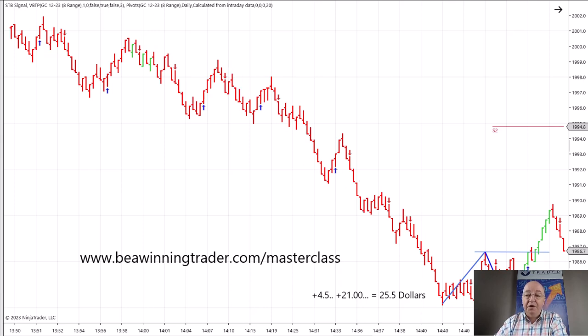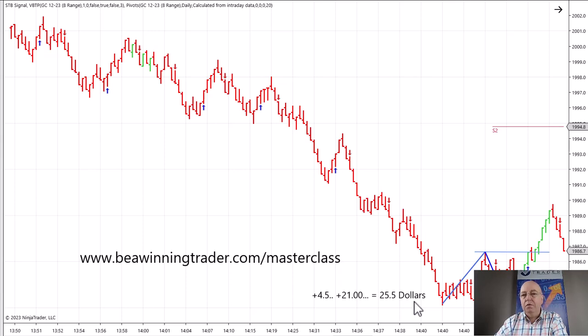And indeed, we started to get green price bars. Now, when we get green price bars, that indicates neutrality. Neither the sellers nor the buyers are in control. So after the sellers had been in control here for quite some time, both these trades here, the last trade here locked us in $21 and the previous one at $4.50, which is $25.50 of a move down.